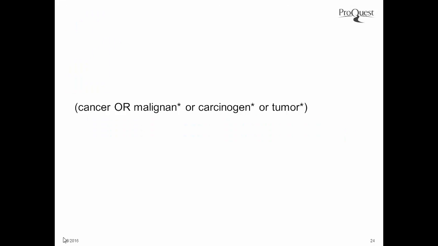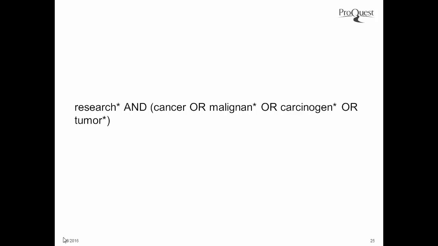Let's start with the fact that parentheses are a very powerful and an important tool in ProQuest Dialog searching. You will want to use them anytime you are ORing together multiple terms. You definitely need to use the parentheses if you are combining ORed together terms as well as the AND connector in the same search statement like this.